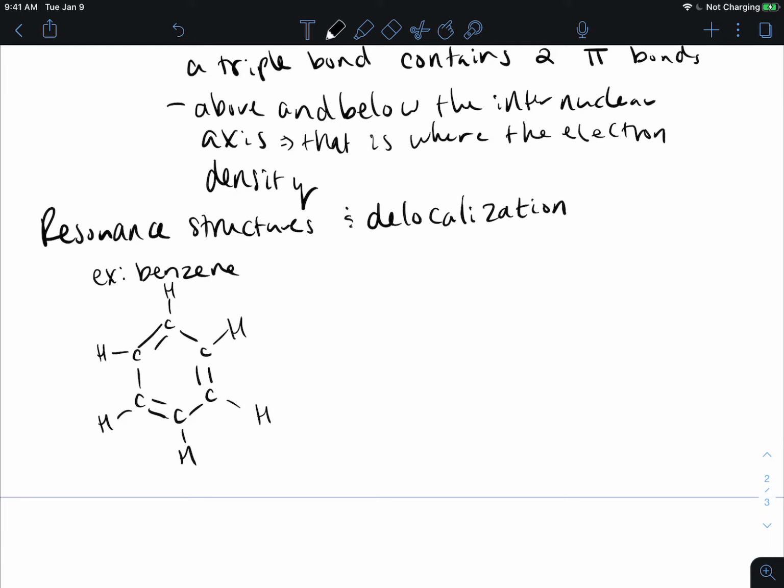But we actually know if we draw out our resonance hybrid, that it'll look like this, where each of these bonds are 1.5 bonds instead of alternating single and double. So in order for this to occur, we have to have overlap between our pi orbitals, or pi bonds. We have to have our p orbitals overlapping each other.